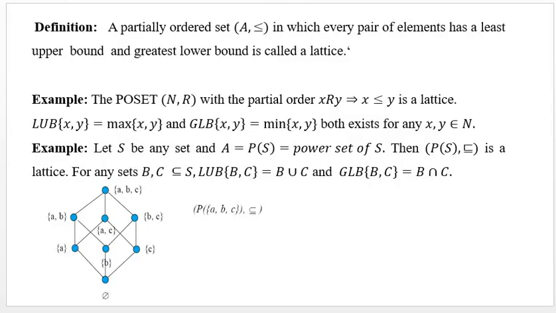Lattices. Definition: a partially ordered set (A, ≤) in which every pair of elements has a least upper bound and a greatest lower bound is called a lattice.